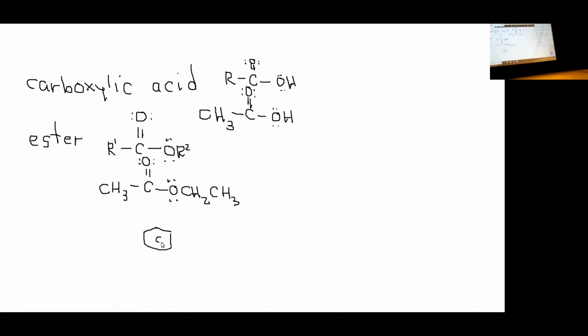I'm just trying to think of some examples. OCH3. You can call that methyl benzoate or not. We'll learn how to name these things later when we actually get to those functional groups. Or this methyl group could be a longer chain also. But that's what we mean by an ester.